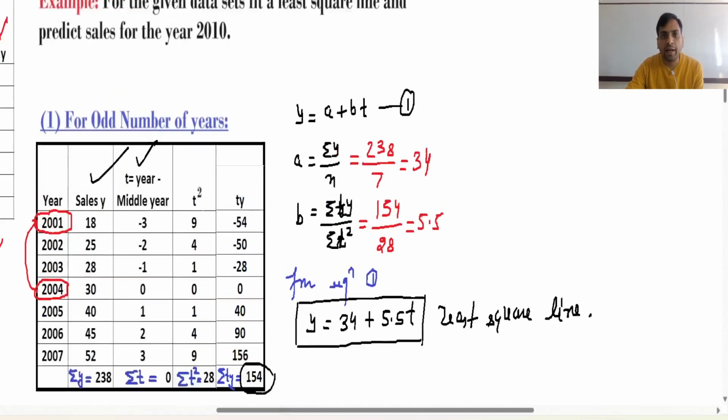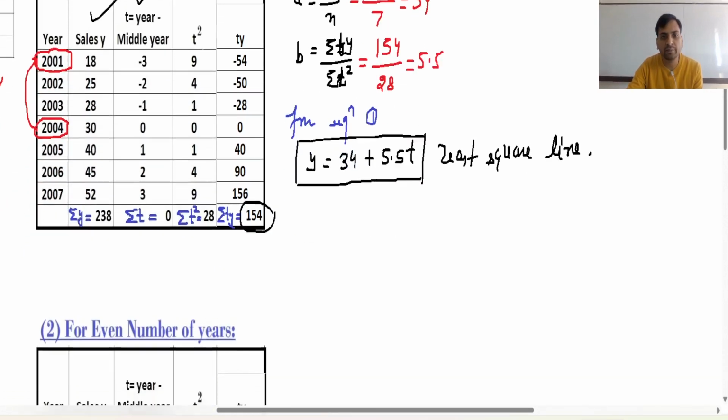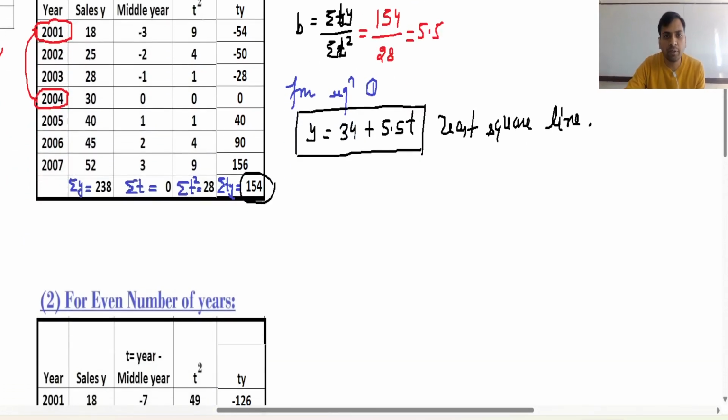Now you need to find sales for 2010. So for the year 2010, first we will find t. So the value of t as per this formula is year minus middle year.